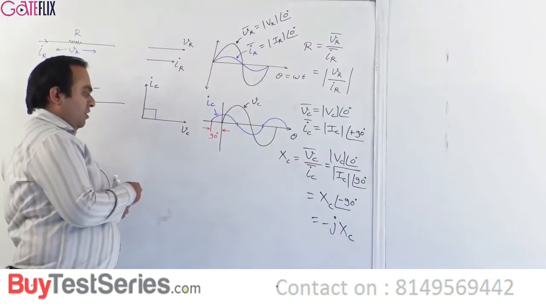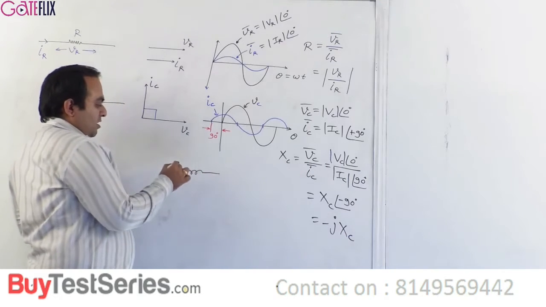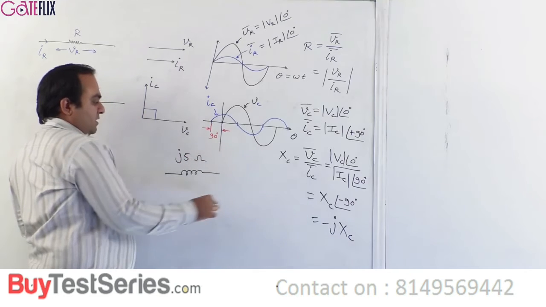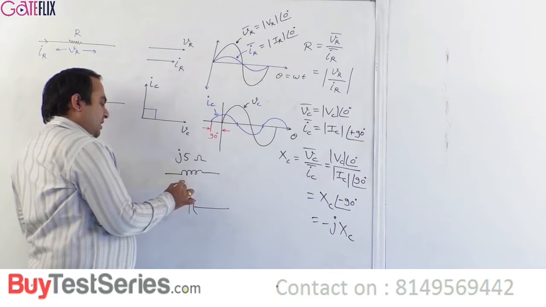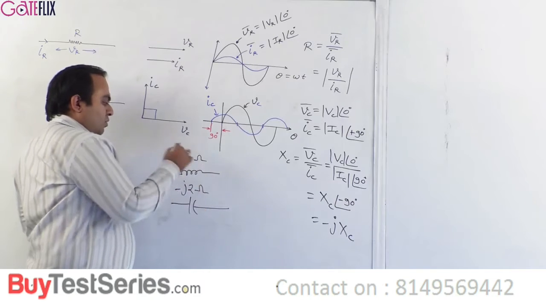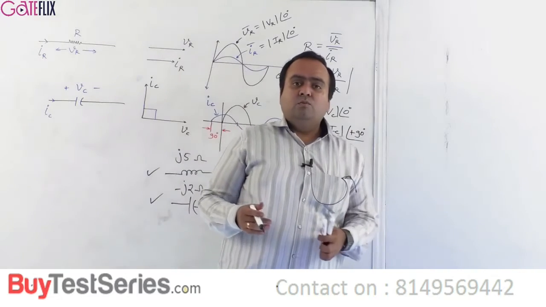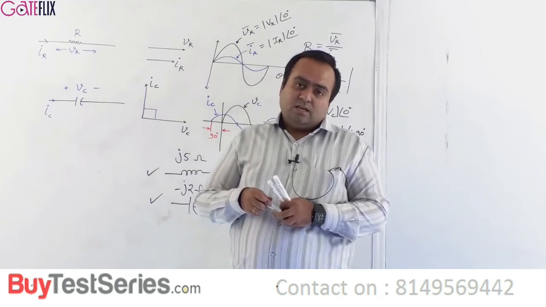This practice we always maintain. Whenever we write an inductance, we write it as j5 ohms. And when we write a capacitance, it is written as minus j2 ohms. So we maintain this practice whenever we deal with problems of sinusoidal circuits.